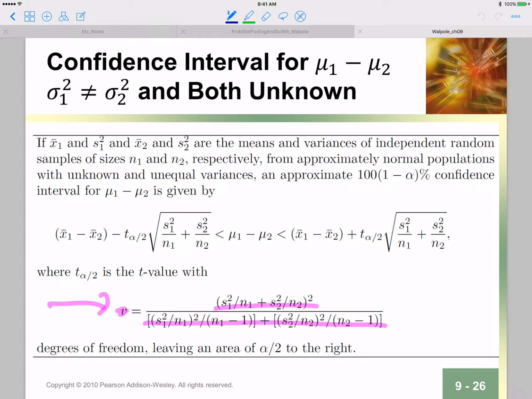Then we considered several cases: where we know the true variance, and the other case where we have no information about the true variance. In that case, we replace the true variance by the sample variance, and we use a t distribution instead of a standard normal Gaussian random variable.